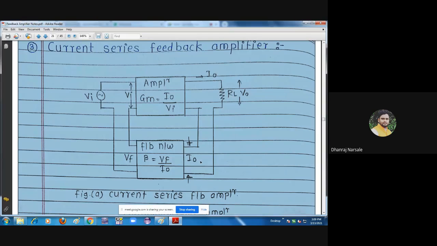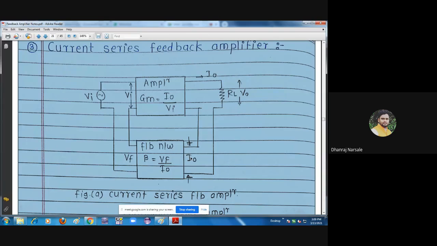By connecting the feedback network in series with this output circuit, we have taken the output current IO as input for the feedback network.